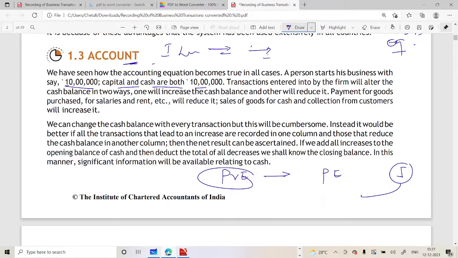Investors will transfer their investment or fund to the PE account, correct? So we are bringing cash from the investors, but actually it's capital that we are bringing from the investors, and we are investing into the businesses. Same logic you can apply here. It means in that particular transaction, two accounts should be involved. One is cash and another one is capital, right?